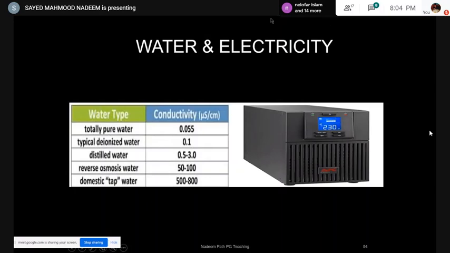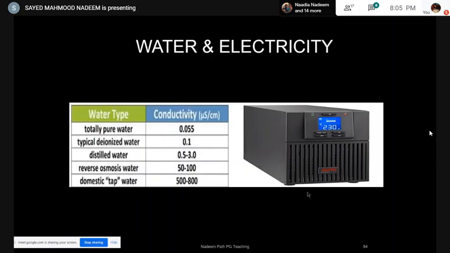In electricity, in technology, we always try to use UPS. It is more important to understand that along with UPS in hematology, you need to have a CVT, continuous voltage terminal, because most of the hematology machines work on electrical impedance and potential difference activity.